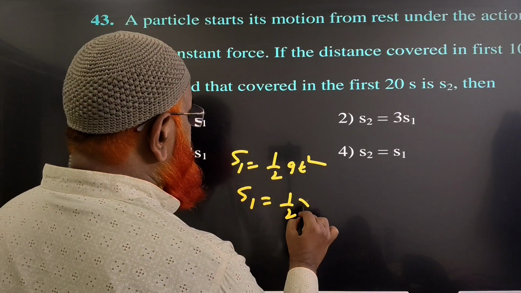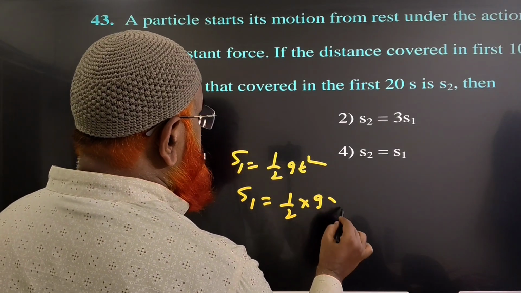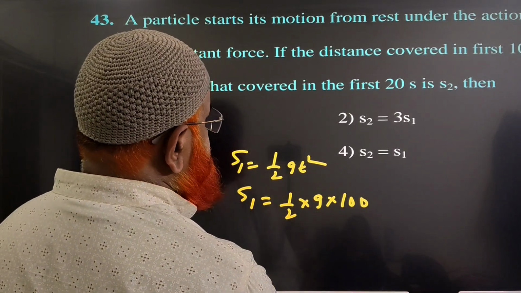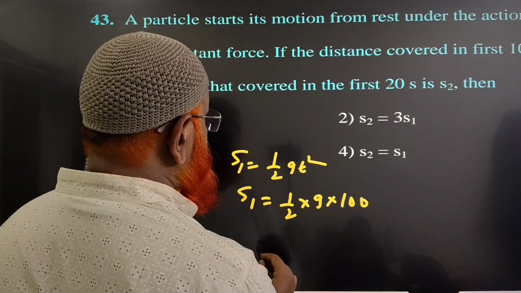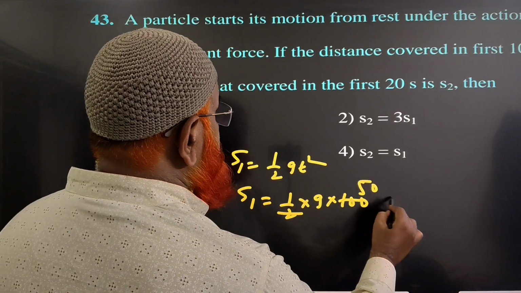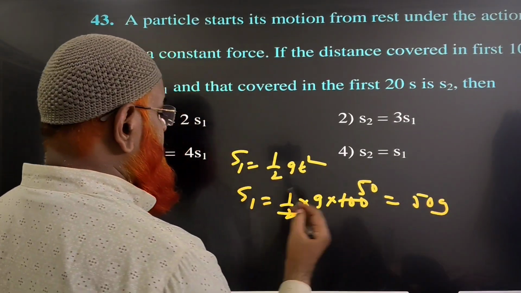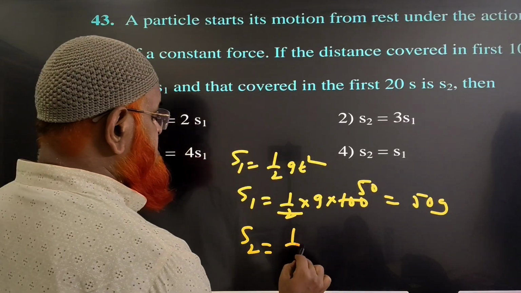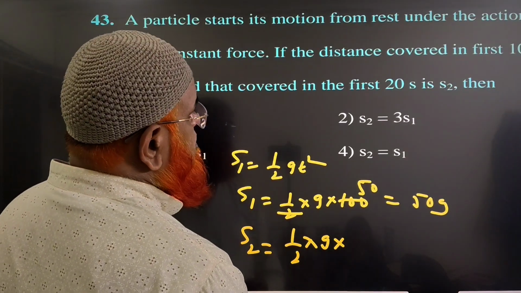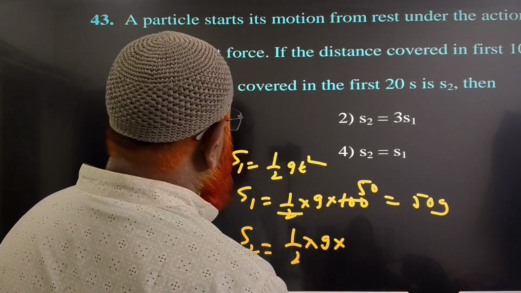s1 is equal to half into g into 100, which is 50g. So s2 means half into g into, what is the time given? 20, no?